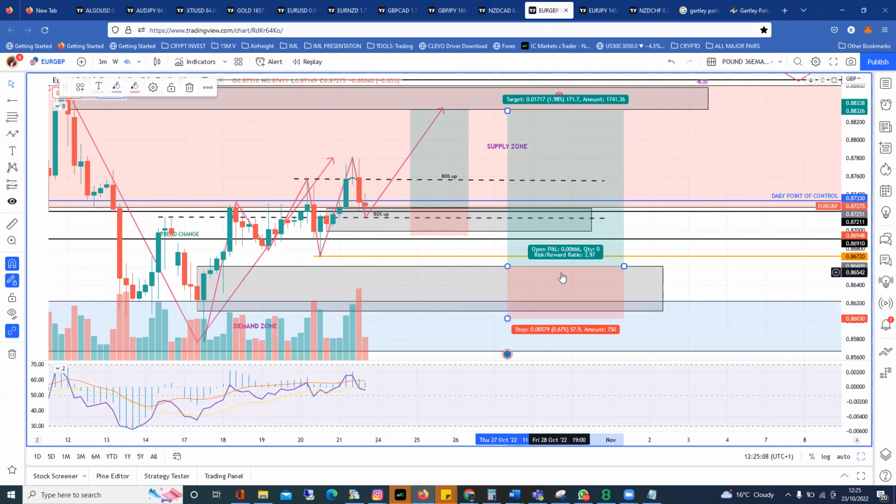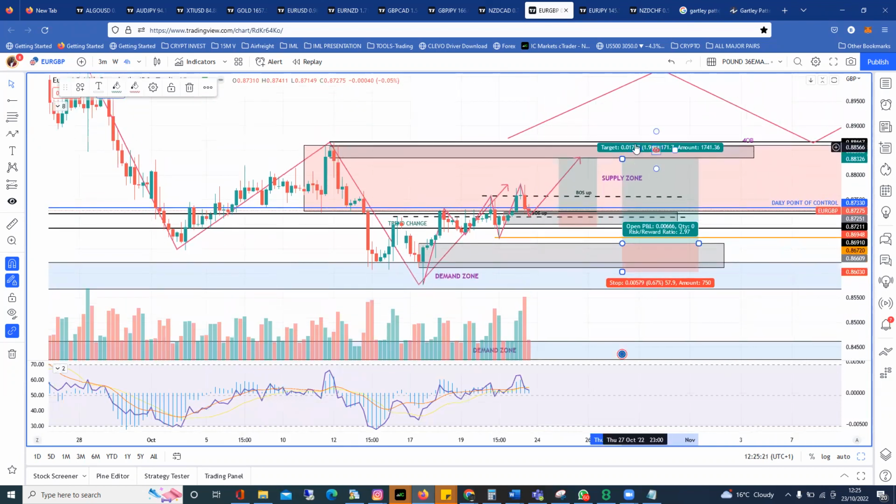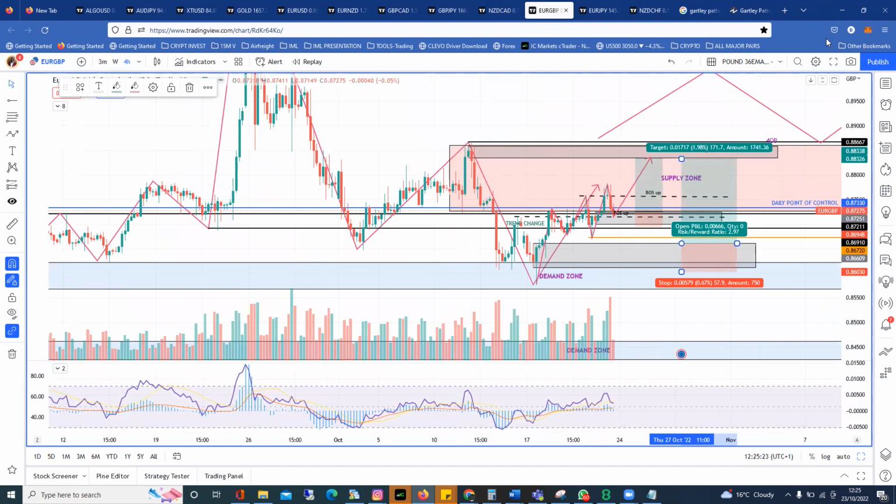And then this one will give us a risk reward ratio of about 2 or almost 3 as well. We risk about 57 pips to gain 171 pips down to that area first of all, before we can even think of us breaking this area and continuing.